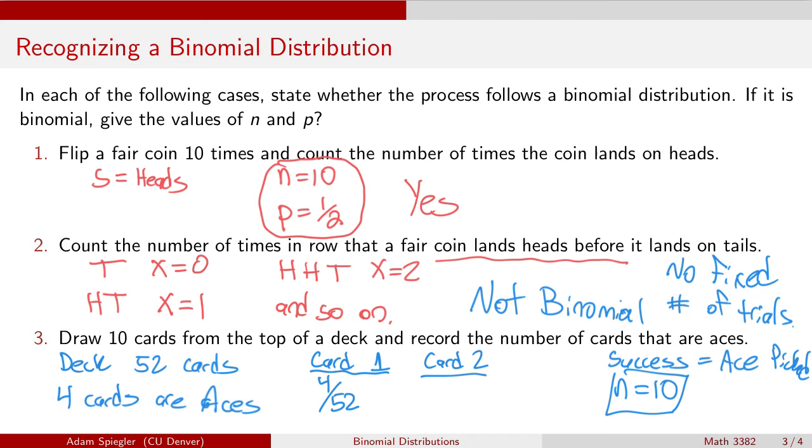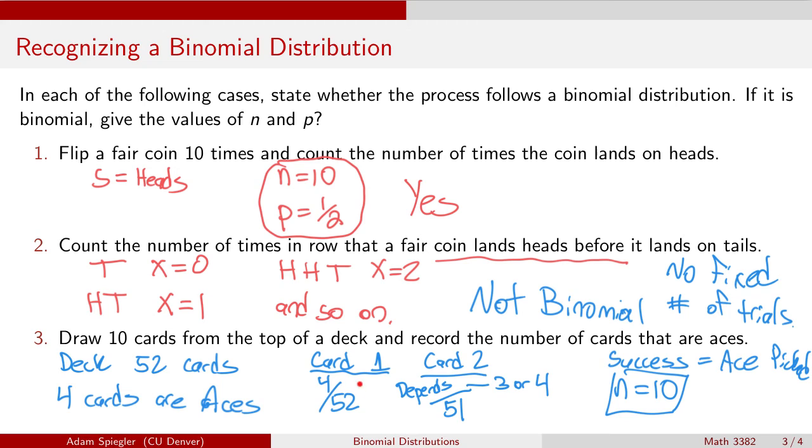Okay, and now we've picked the first card, and so that means we now have 51 cards left. And how many aces are left in the deck? It depends. We might have 3 aces left in the deck if the first card we picked was an ace, or we might have 4 aces left in the deck if the first card that we picked was not an ace. And what we notice here is, therefore, depending on what we picked with the first card, that's going to affect the odds of picking an ace on the next card.